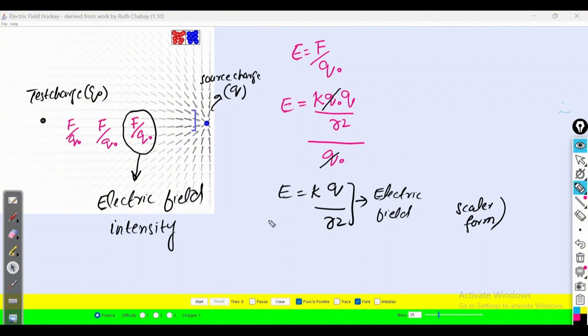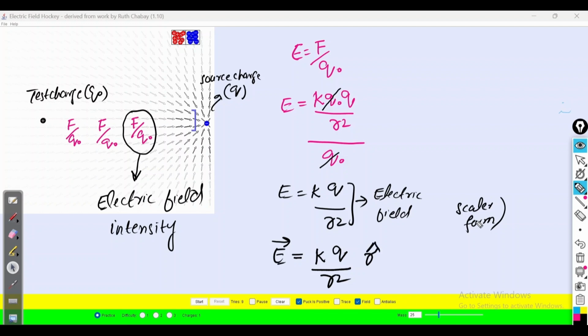So the vector form is: E is equal to K Q by R square, and here we will write our unit vector.